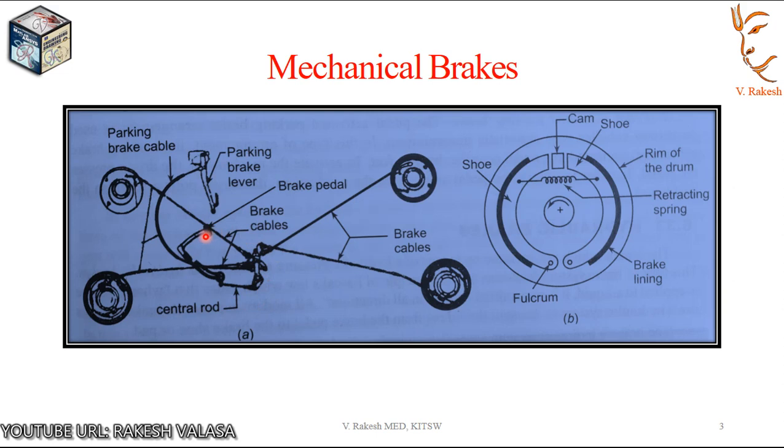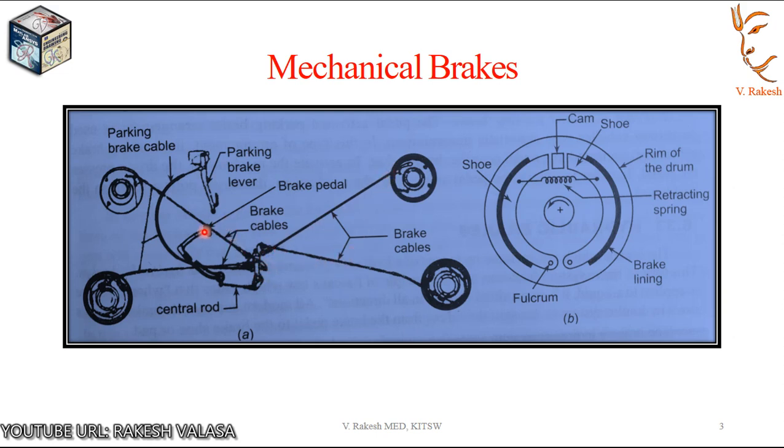This brake pedal is attached to the central rod, and on this rod four levers are fixed. These levers are connected to the brake mechanism of all the wheels with the help of adjustable rods and flexible cables.